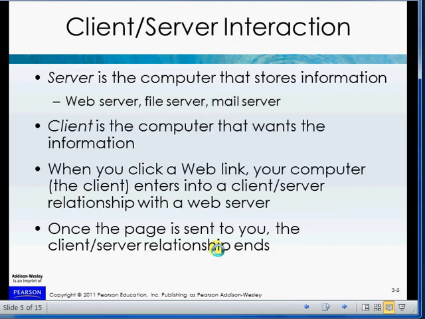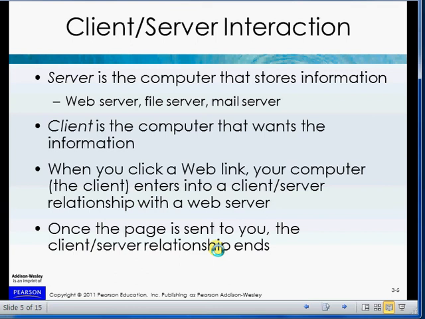So we have a server, and I think we all know the definition of servers. They're centralized, they store information, and they have many clients that connect to them. Some examples: web servers use the HTTP protocol, and that's generally how we serve up web pages.